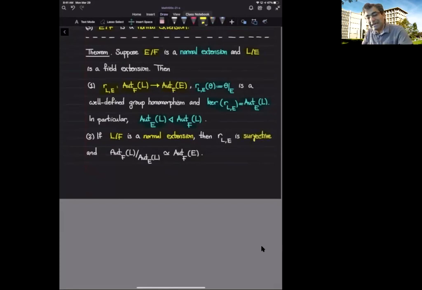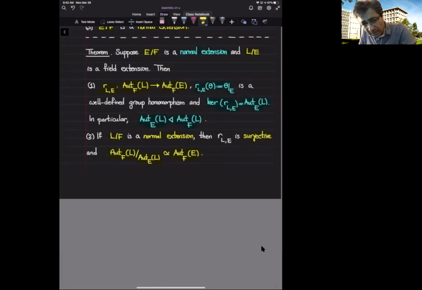Alternatively, any F automorphism of E can be extended to an F automorphism of L. So if L over F is a normal extension, then the F automorphisms of L surject onto the F automorphisms of E, and the kernel of this surjection is precisely the E automorphisms of L. So by the first isomorphism theorem for groups, we deduce that the quotient group of the F automorphisms of L by the E automorphisms of L is isomorphic to the F automorphisms of E.